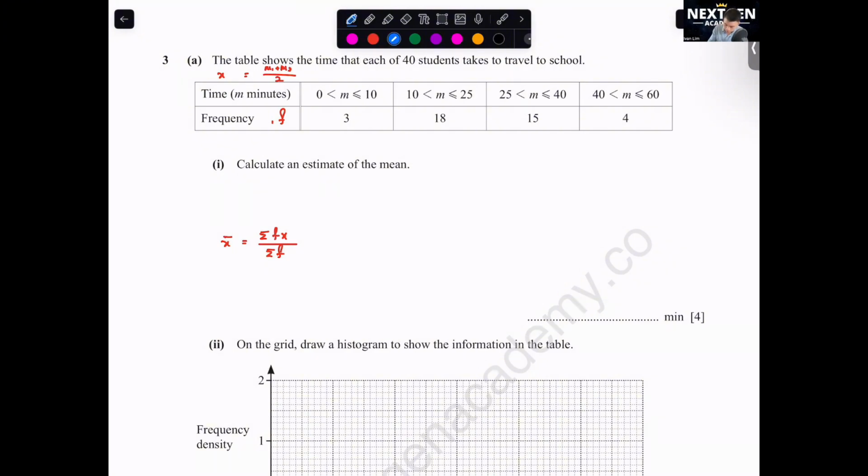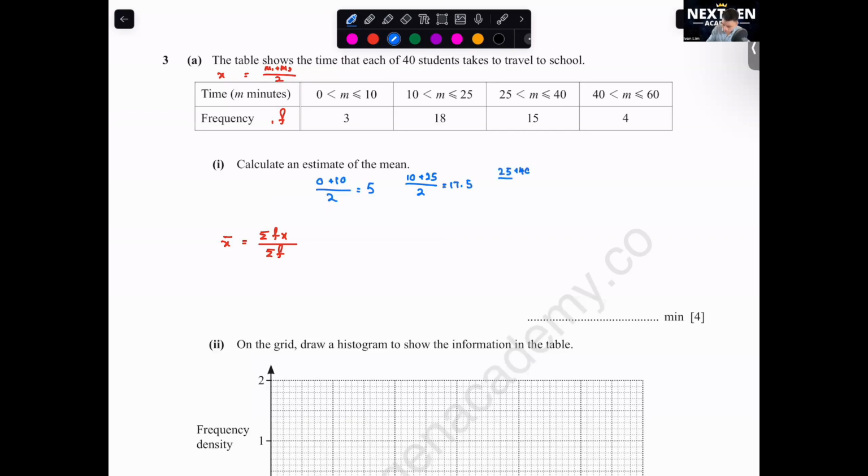So you go calculate all of this. This step is not necessary for you to show, but if you want to show, no problem. At least label it. So here, 10 plus 25 over 2, you'll get 17.5.